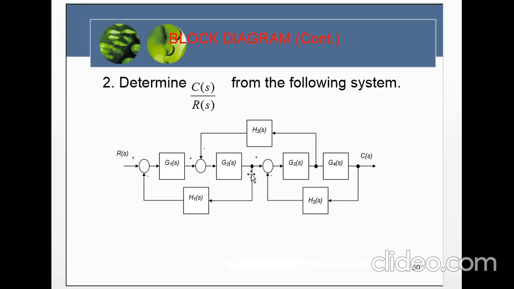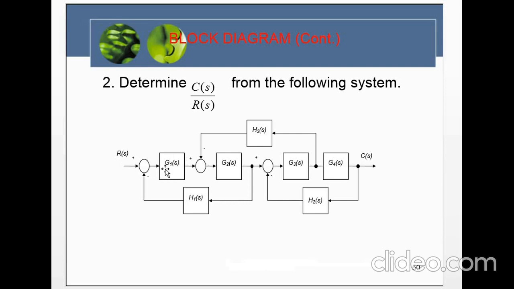Okay, it is the mechanism, and if we move it here, and then we move it here, the result is still the same. If we move it here, it is the feedback.